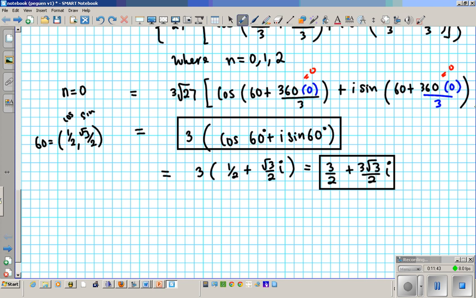Alright, now the next one, n equals 1. So for n equals 1, we know the cube root of 27 is 3. We're going to have 3 times cosine of 60 plus, instead of 360 times 0, 360 times 1.